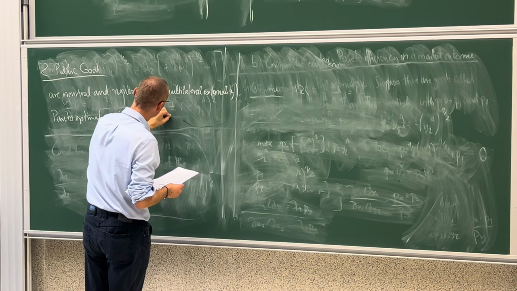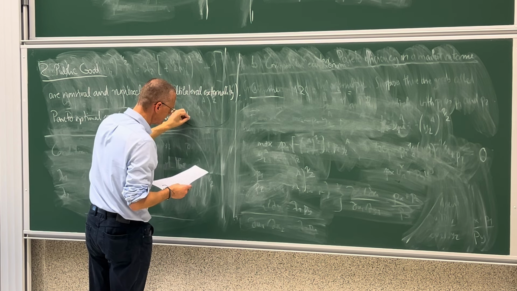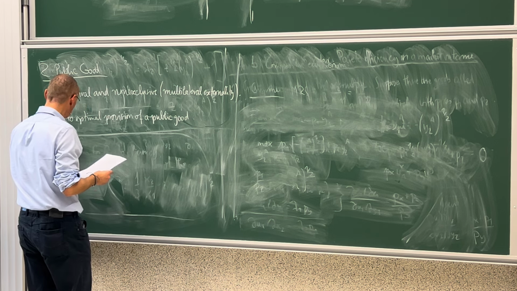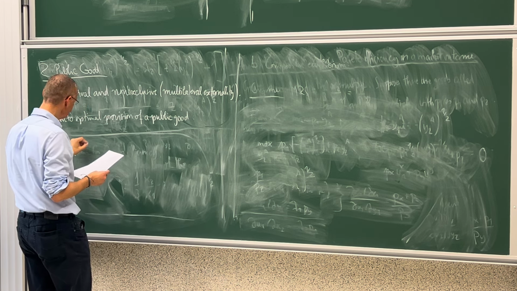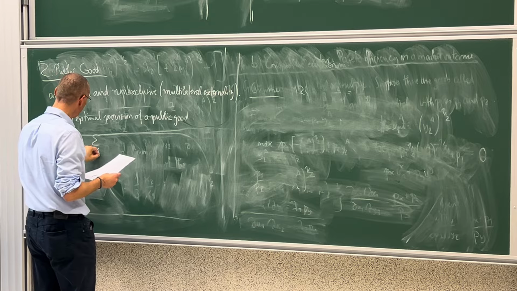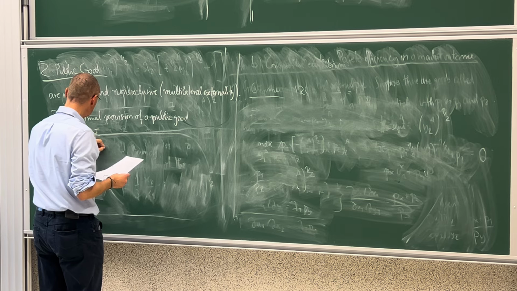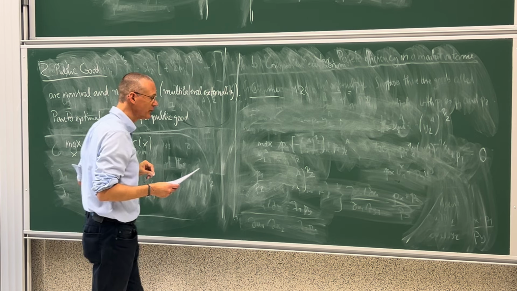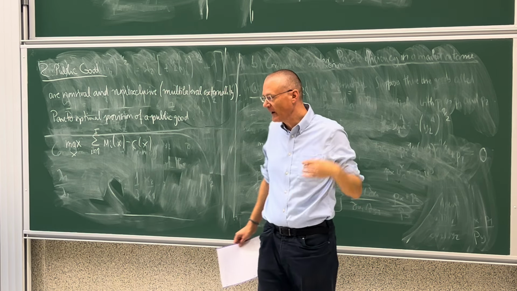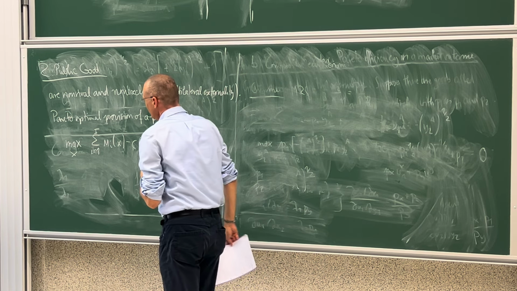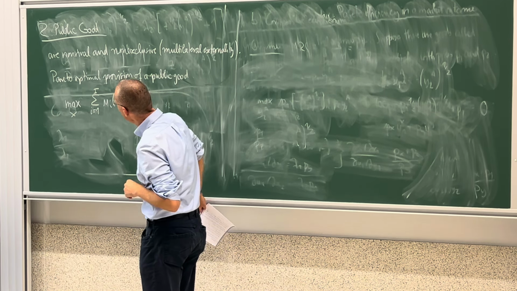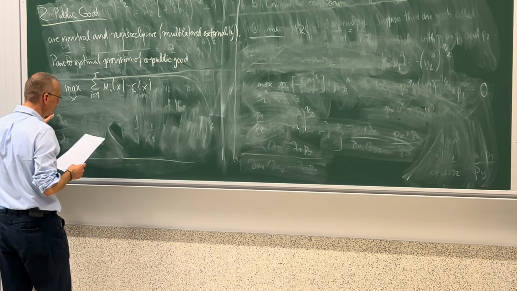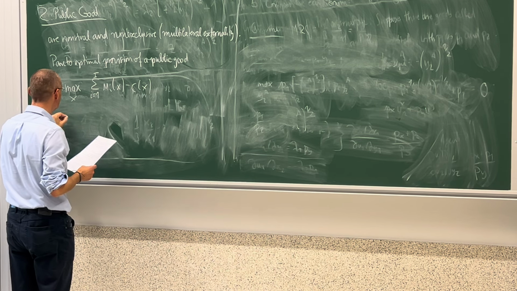We maximize, by choosing X, the sum of utilities of the consumers, the sum of U_i(X), minus C(X), because once it's provided, it's paid for once, and everybody enjoys it. So the Pareto efficient outcome, the optimal provision of the public good, is equal to the sum of marginal utilities.